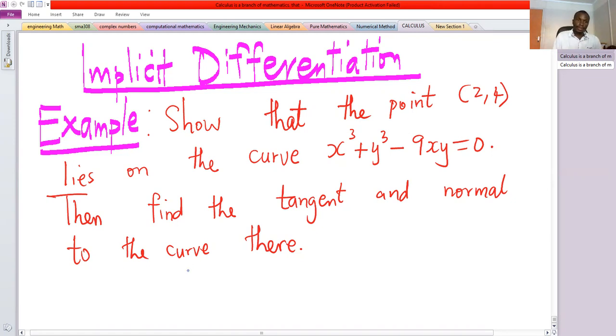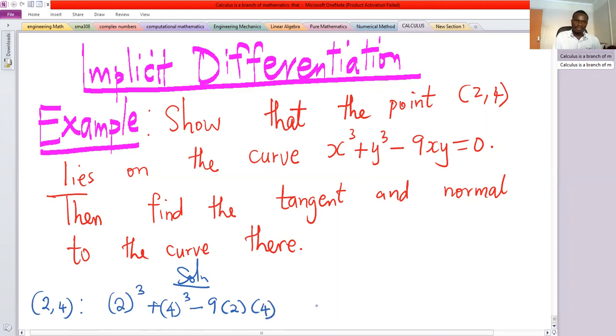So, solution. Replacing x with 2 and y with 4, we have 2 cubed plus 4 cubed minus 9 times 2 times 4.